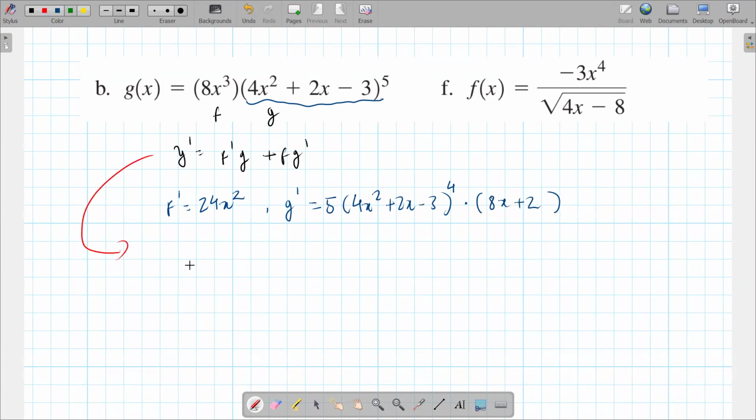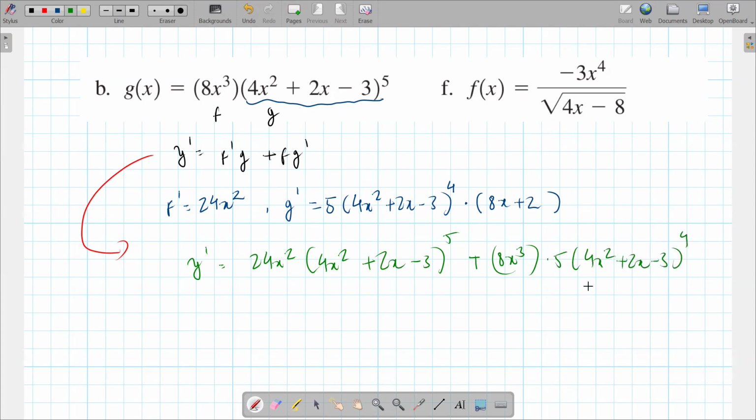It's easy as that. So y prime is 24x squared times the original function as it is, plus the f original as it is, times g prime, which is this thing here. 4x squared plus 2x minus 3 to the 4 times 8x plus 2.